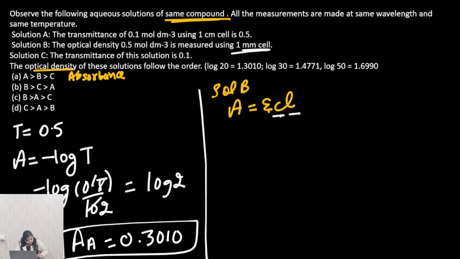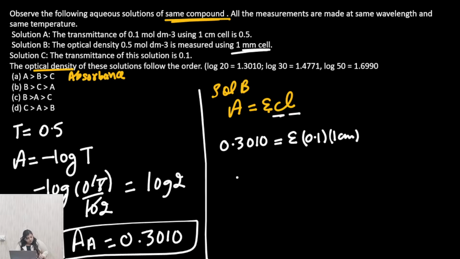So in the first, the absorbance value was 0.3010, which was equal to epsilon. At that point the concentration we were having was 0.1, and the length of the cell used is 1 centimeter. So this is for solution A, and from that we get the epsilon value.